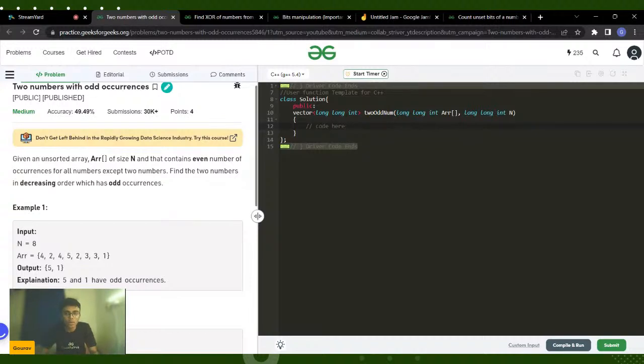So what will happen when you XOR all the elements? The elements which are occurring an even number of times, if you XOR those elements, will become 0.